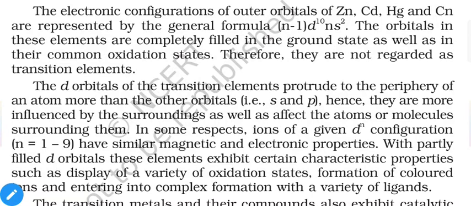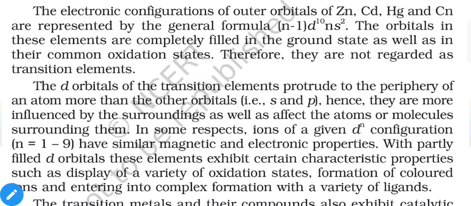As we discussed earlier, the last element of each series we discussed in the previous lecture is Zn, Cd, Hg and Cn. These elements do not have incomplete or partially filled d orbitals, and this is the requirement to have d block element status.